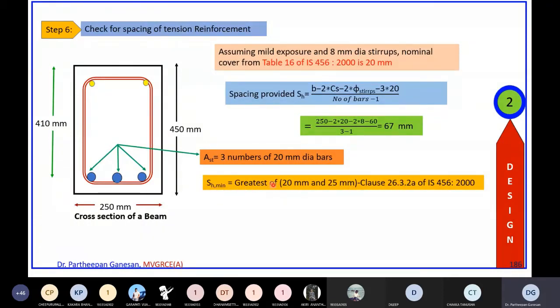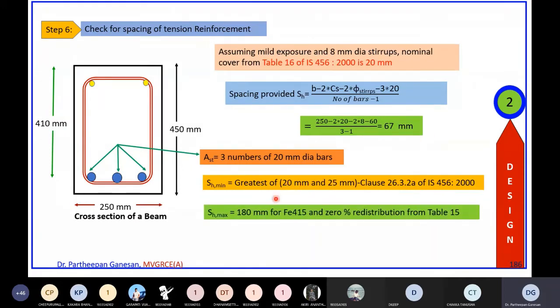SH minimum is the greatest of 20 mm and 25 mm. It is given in 26.3.2: the greater of the bar diameter or 5 mm more than the nominal maximum size of the aggregate. So 20 mm or 25 mm, so it is 25 mm. Your provided spacing is more than 25 mm, so that is fine.